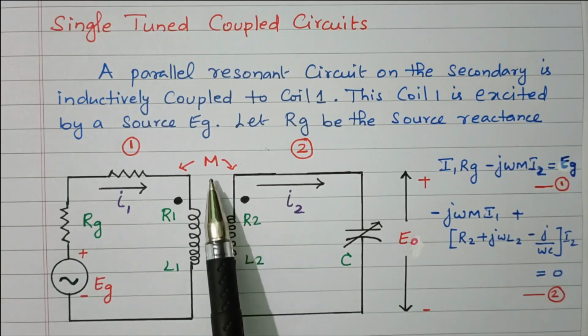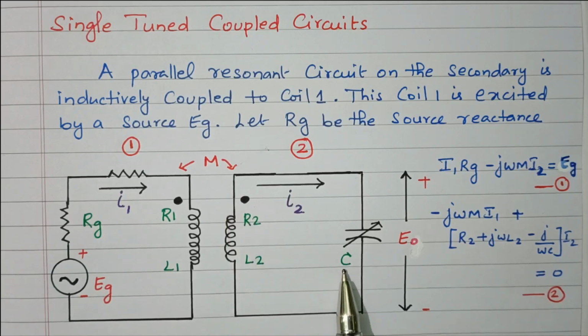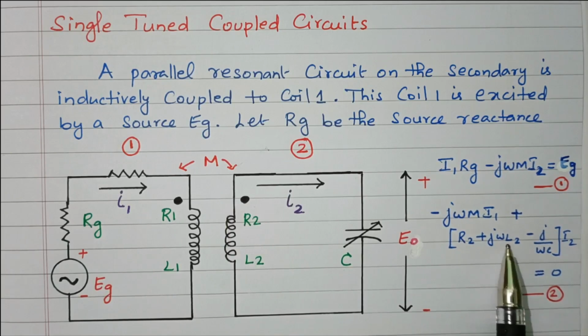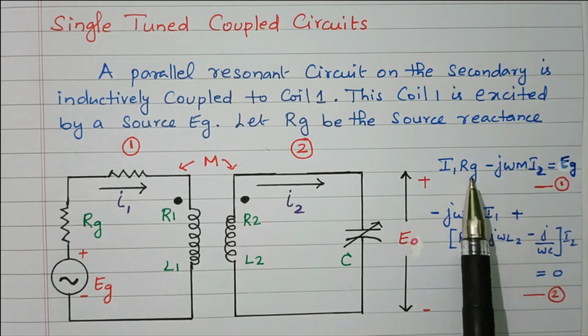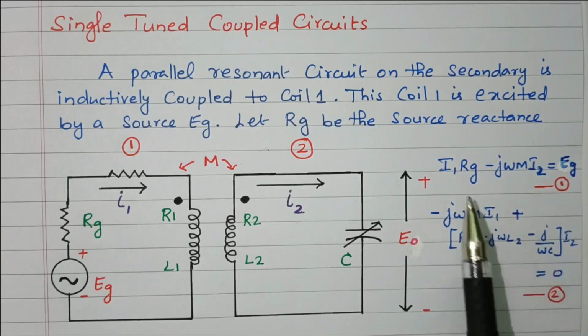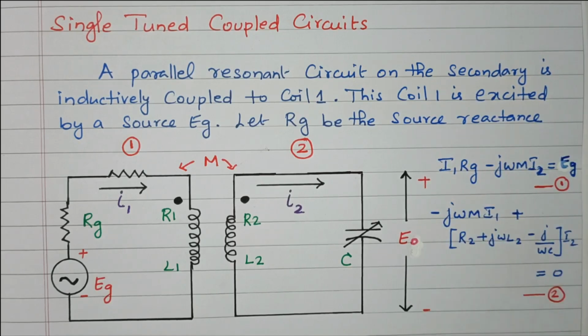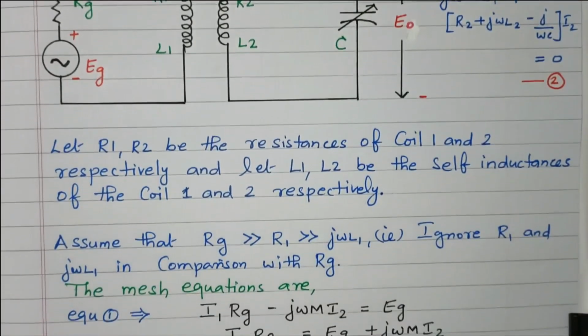The drop across the mutual inductance, R2, L2 and the capacitor are all available, while R1 and L1 are neglected. So these were the two equations, and we are going to simplify them further.